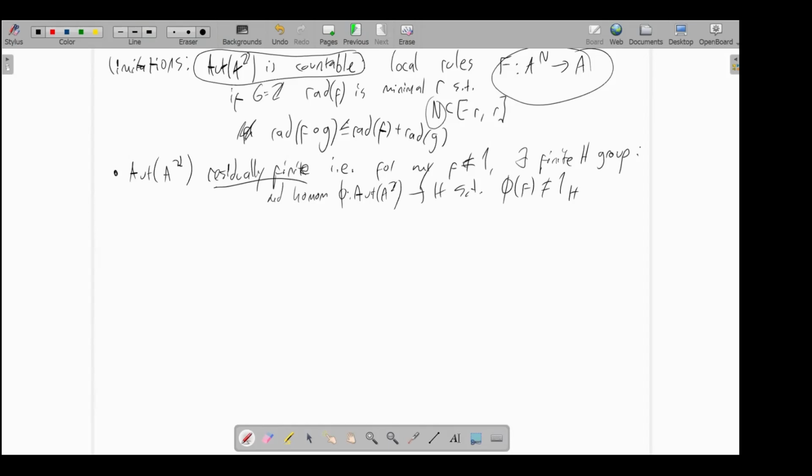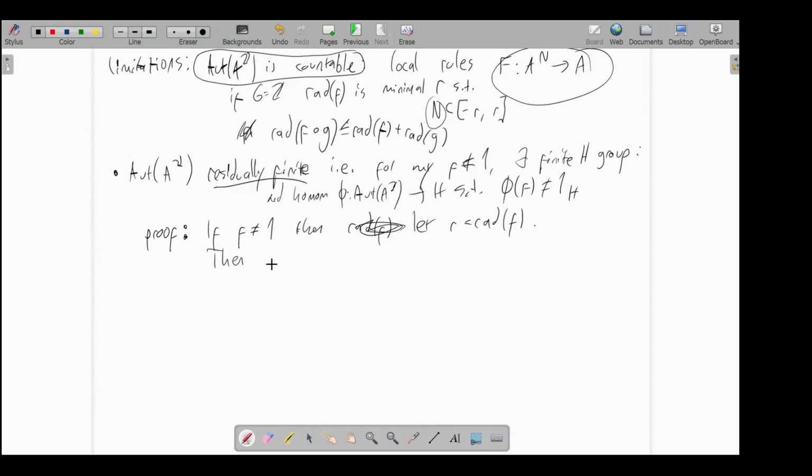But anyway, that's the definition of residually finite, and I can also give you the proof sketch at least. If f is not the identity, then let r be the radius of f.